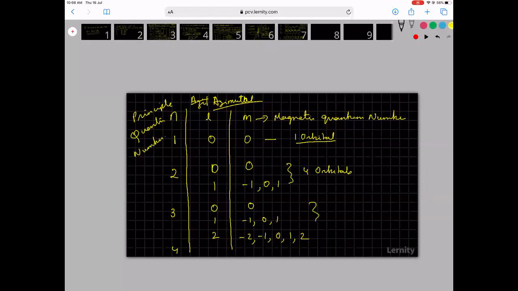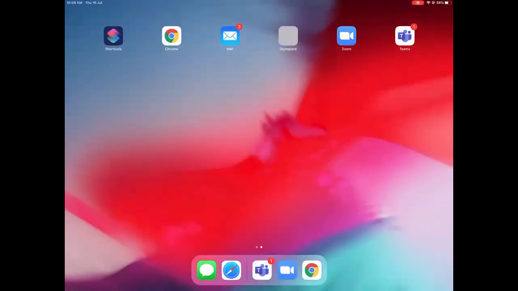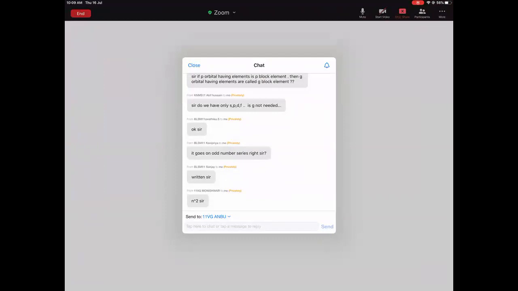Here you have 9 orbitals. In 4, you will have 16 orbitals. Here 1 squared, 1 orbital, 2 squared, 4 orbitals, 3 squared, 9 orbitals, 4 squared, 16 orbitals. Yeah, n squared.